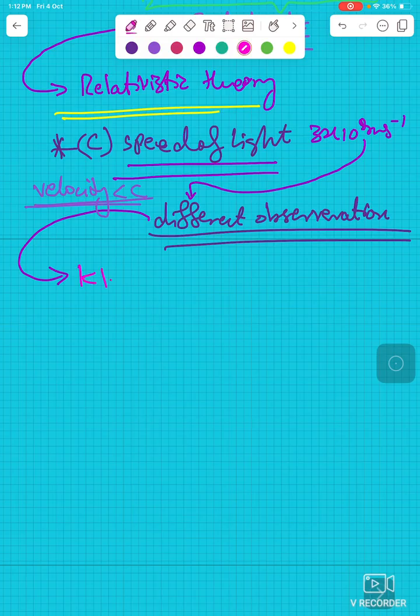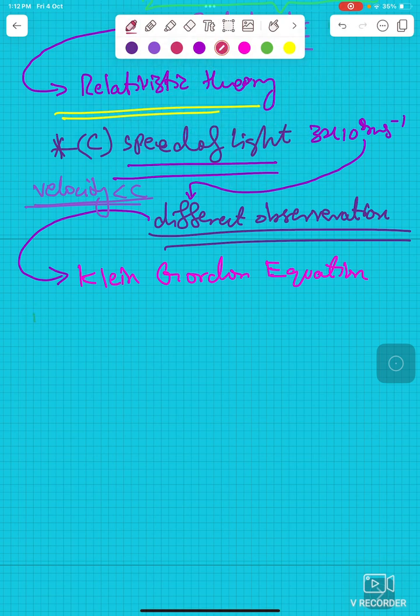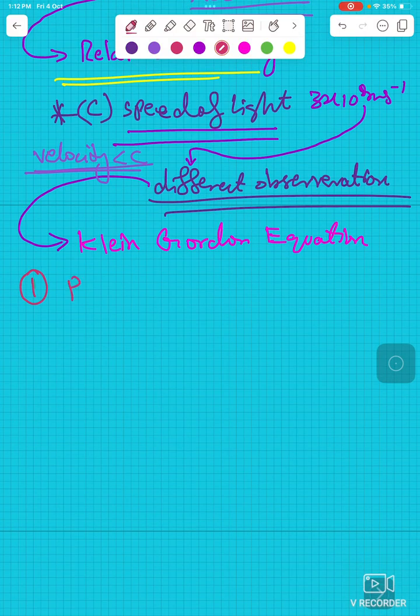Okay, so now let's talk about the Klein-Gordon equation. First of all, why am I choosing worse colors? First of all, we know about momentum p and mc square, or momentum and energy.